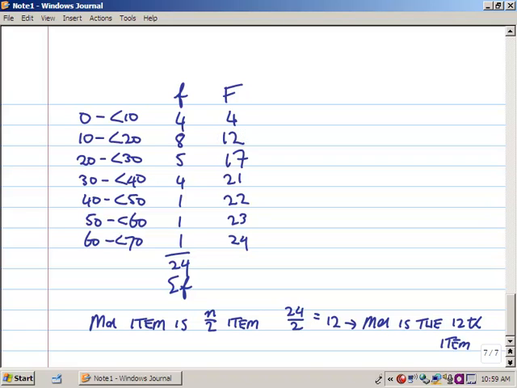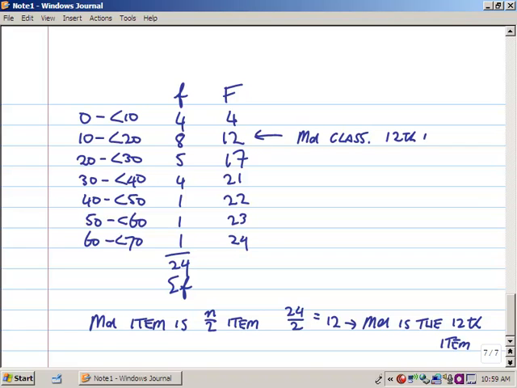Alright, there's the 12th item. So the 12th item wasn't in the first group, but it's in the second group. So when you come up to or bypass the median item with your cumulative frequency, then you have found your median class.